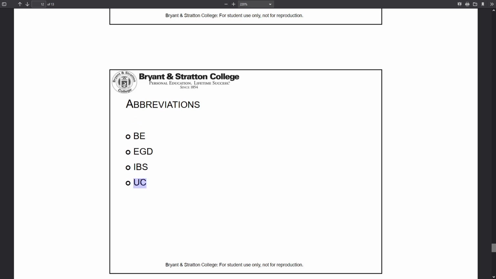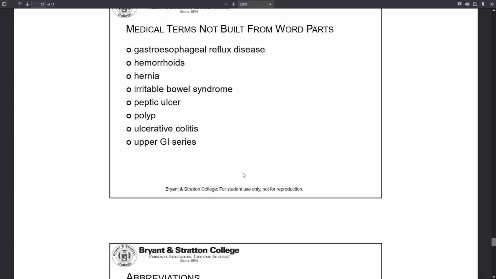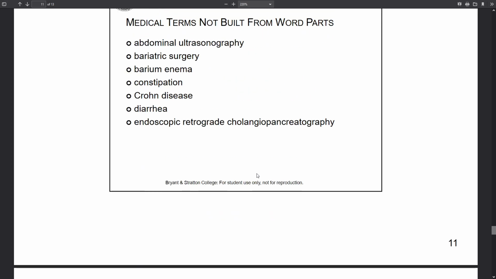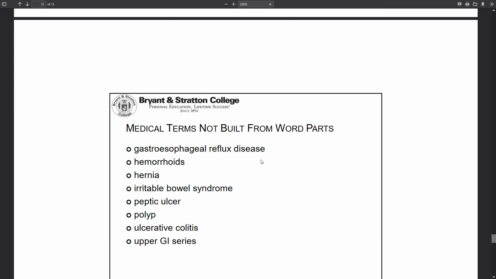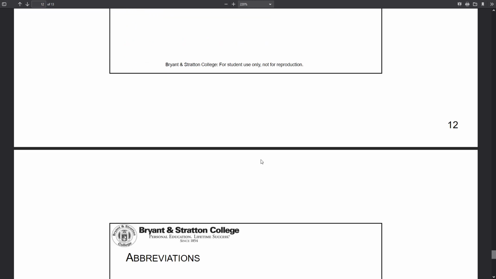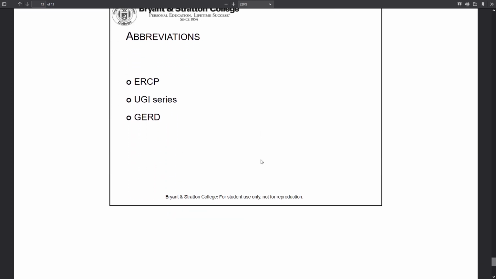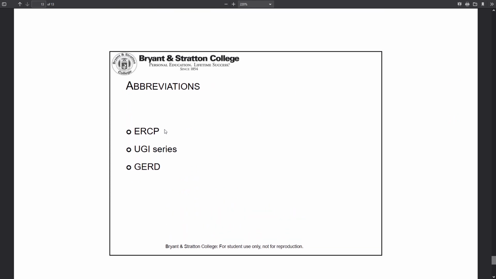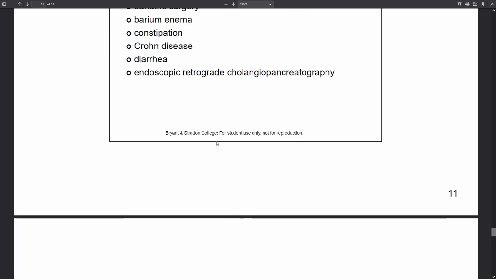So we have ulcerative colitis, IBS. Barium enema. And going through here though, this is the really long word from earlier.